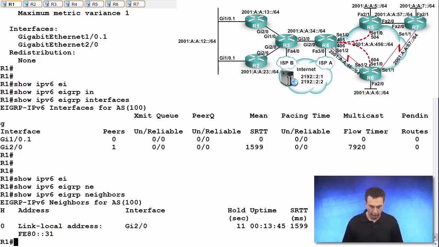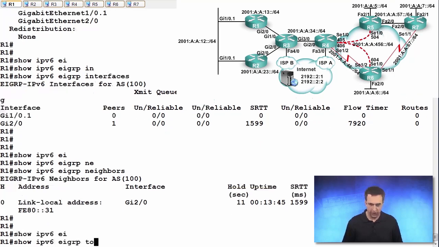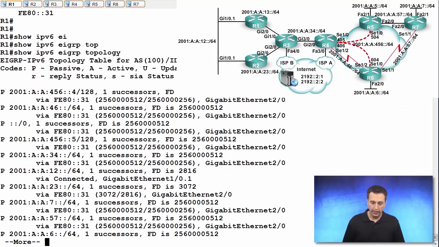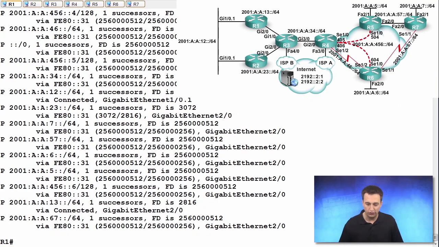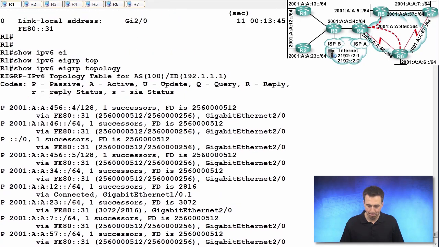The next command we want to look at is show IPv6 EIGRP topology. And this is going to show us our topology table. Scroll back up.